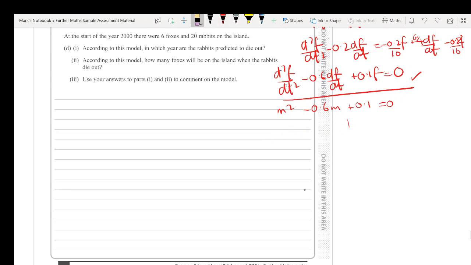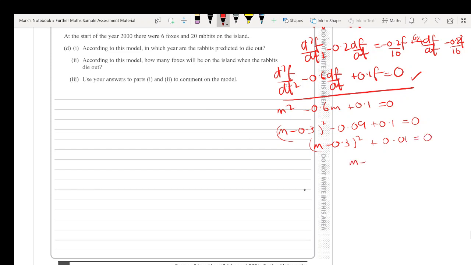So instead, I'm going to complete the square. So if I complete the square, we're going to get m minus 0.3 squared minus 0.09 plus 0.1 equals 0, which is m minus 0.3 squared minus 0.09 plus 0.10, which is plus 0.01, which equals 0.